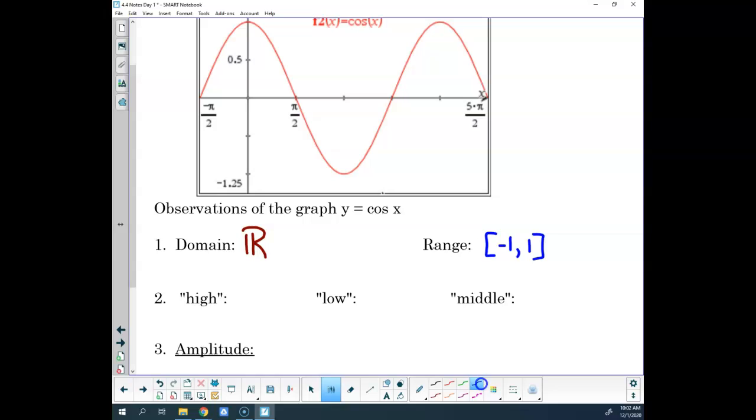We have a high value of +1. We have a low value of -1. And we have a middle 0. All the same as the sine. Amplitude, distance from middle to low or middle to high, is also 1.